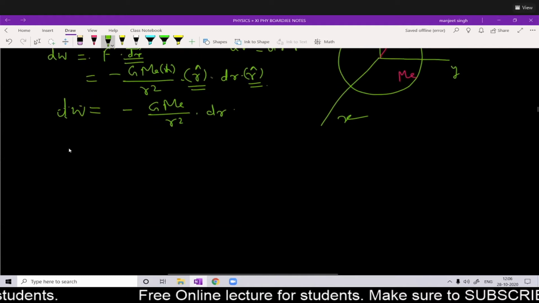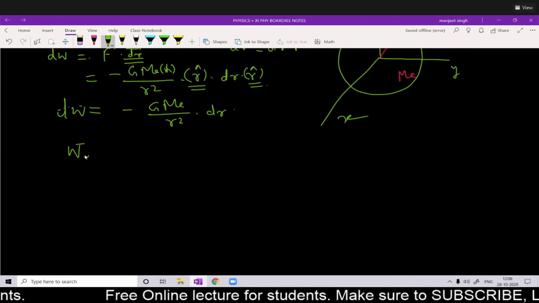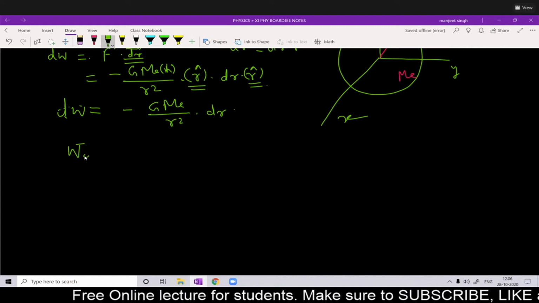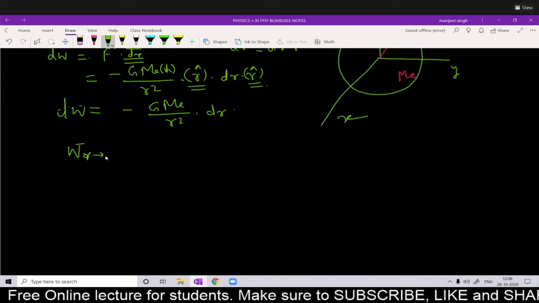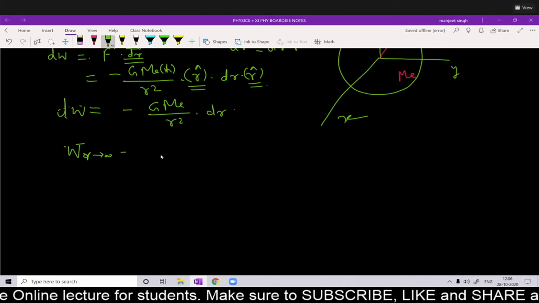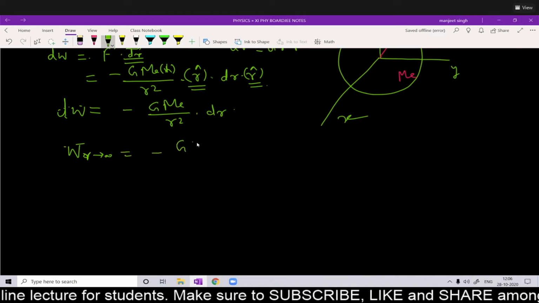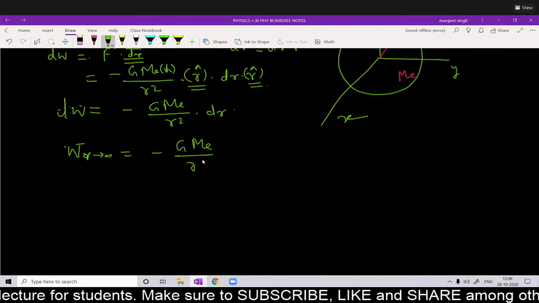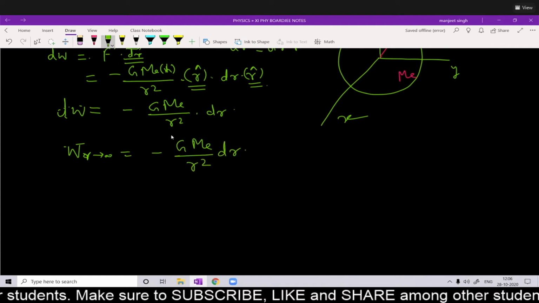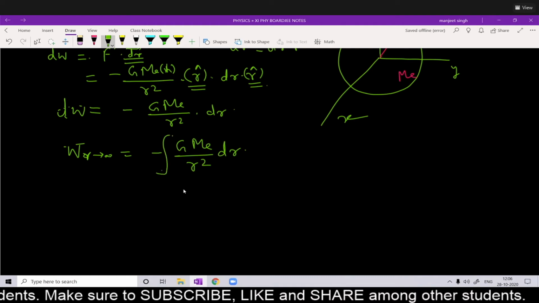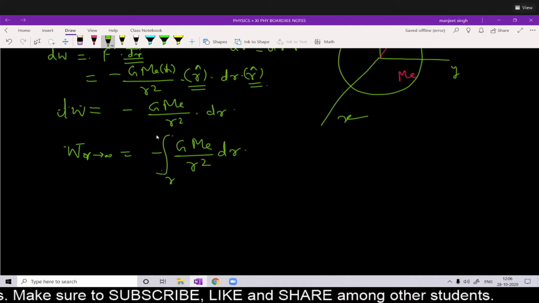Suppose we are bringing the mass from r to infinity. So work done from r to infinity is the integral from r to infinity of minus G M e upon r squared dr.